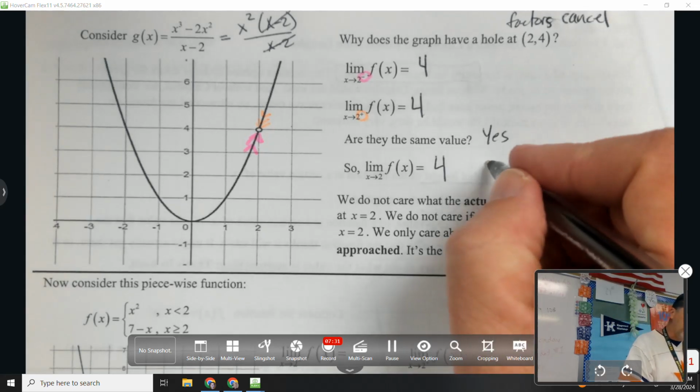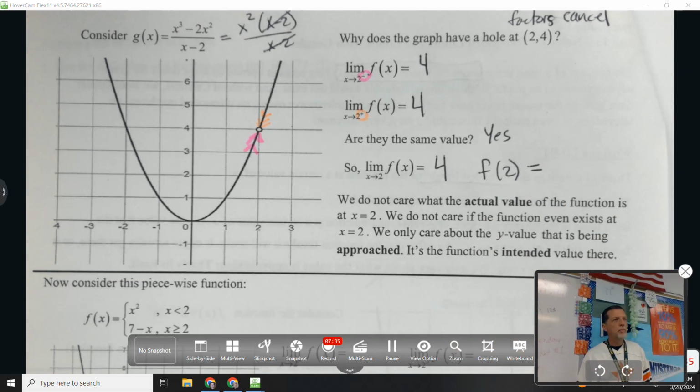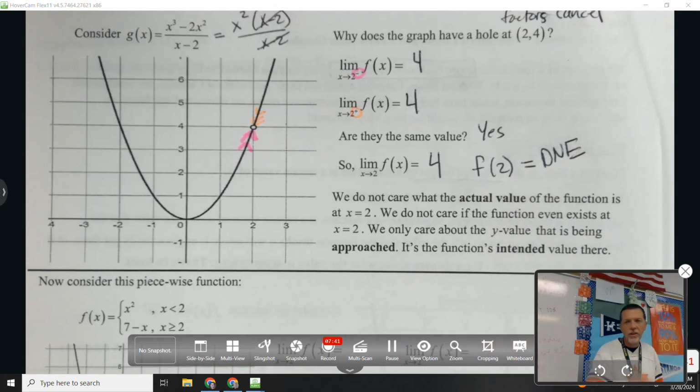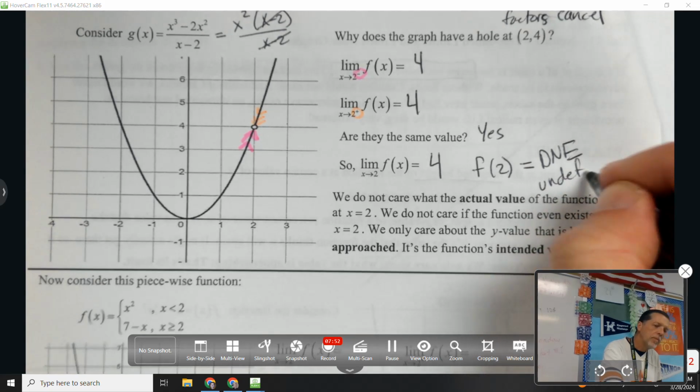Another way to write that would be f of 2 equals, what does f of 2 equal? Right, undefined, DNE, doesn't work, divide by 0. There is no function at 2. And yet there's a limit there. Does not exist. Undefined.